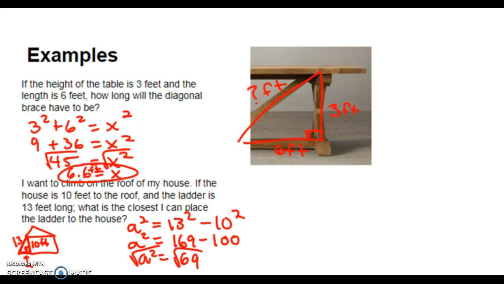We get A squared equals 69, so A is the square root of 69, which is approximately 8.3 or 8.2. So those are examples of the Pythagorean theorem.